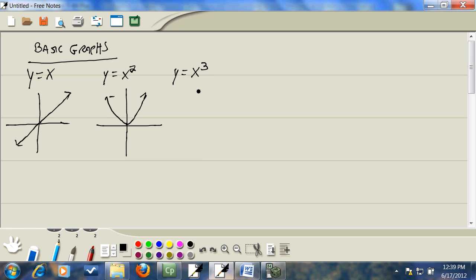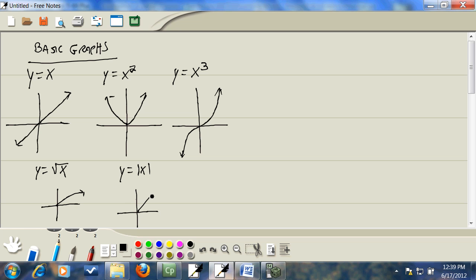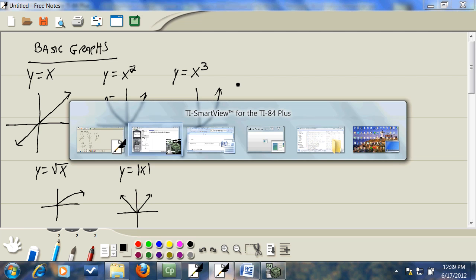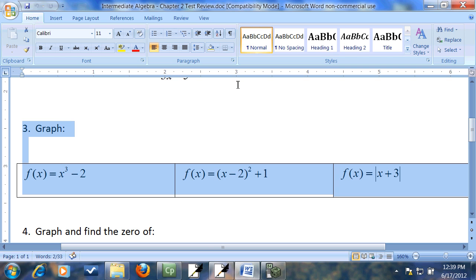Y is equal to x to the third, which looks like that. Y is equal to square root of x, which looks like that, and y is equal to the absolute value of x, which is our V-shaped graph. Those are the ones you should have memorized for the test. And at least use those basic graphs and some of our transformations to come up with these.